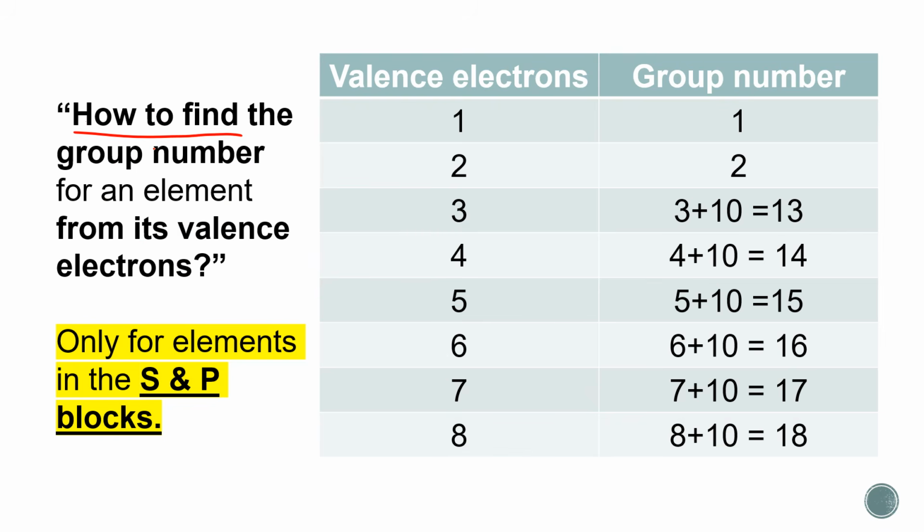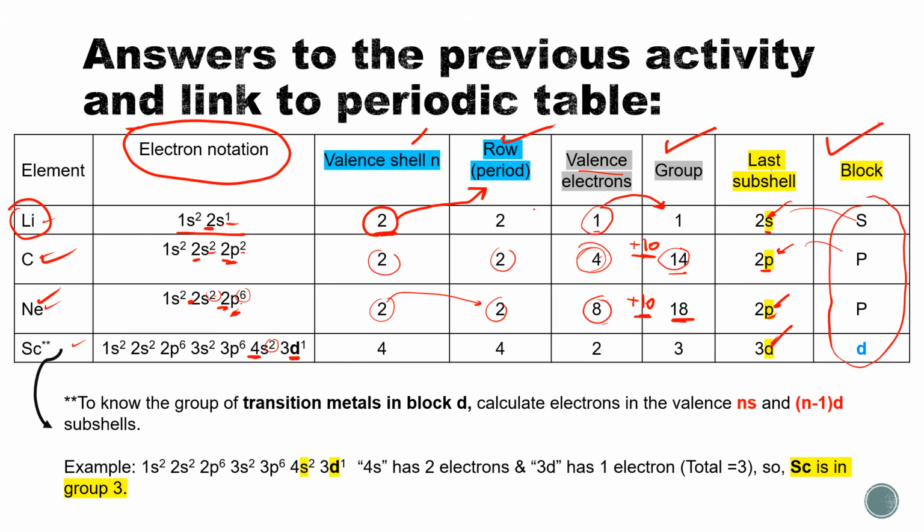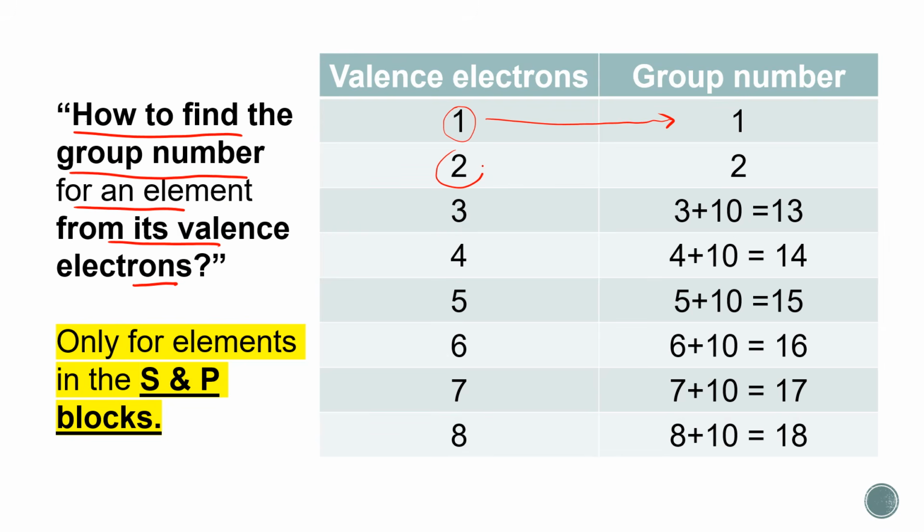So how to find the group number for an element from its valence electrons. If the number of valence electrons is 1, the group number will be 1. Number of valence electrons is 2, so the group number will be automatically 2. Now starting from number 3, if the valence electrons is 3, we need to add 10 to it to find the group number.